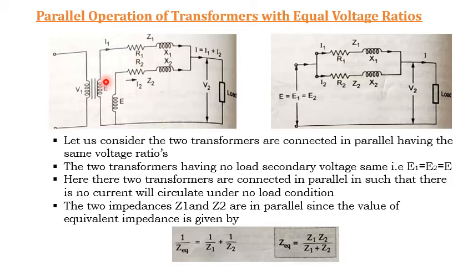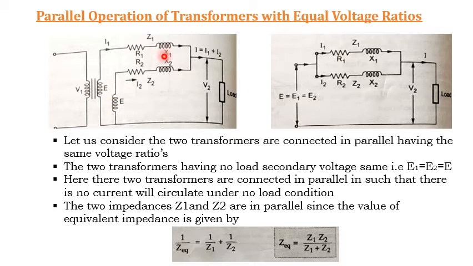With respect to these windings, the resistances and reactances are shown. R1 and X1 are the resistance and reactance of the secondary winding of transformer 1, and R2 and X2 are the resistance and reactance of the secondary winding of transformer 2.